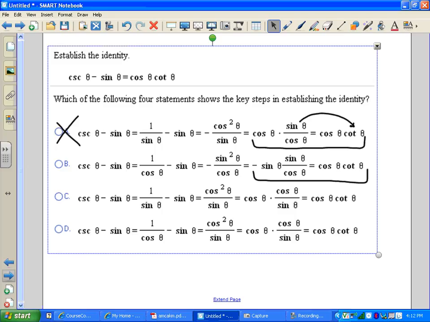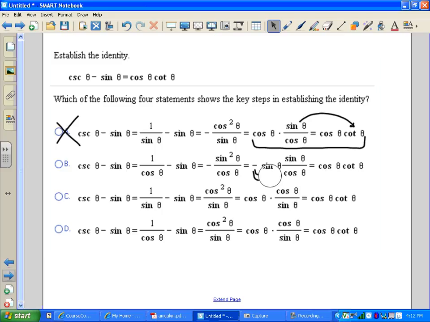Again, sine over cosine wouldn't be cotangent, and I'm not sure how they're changing negative sine here to cosine. And so that doesn't look exactly right, although I'm not exactly sure that that's wrong. So I'm not going to eliminate the choice there. I'll leave that one up. Now, the next one, all right, notice I believe is the same thing as the first choice. So I'm just looking here.